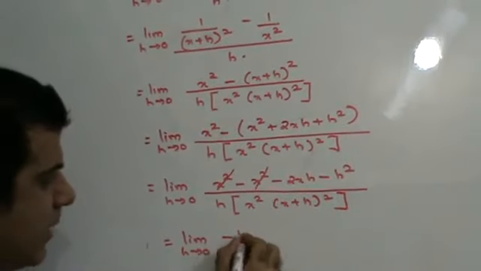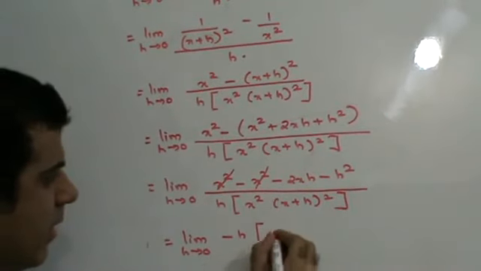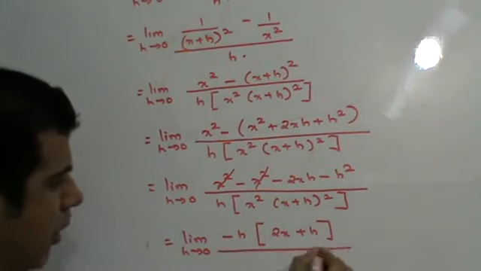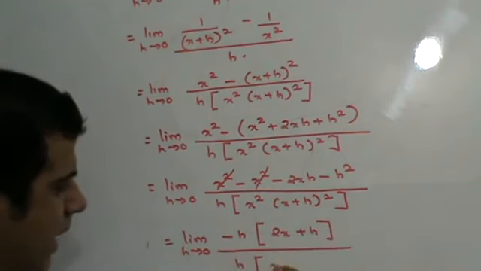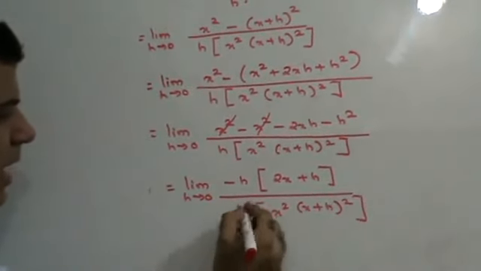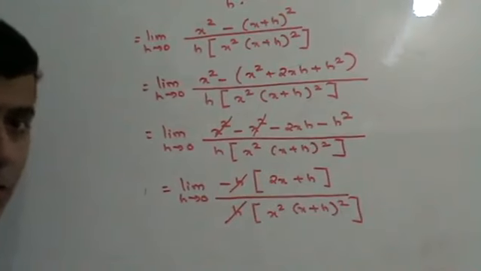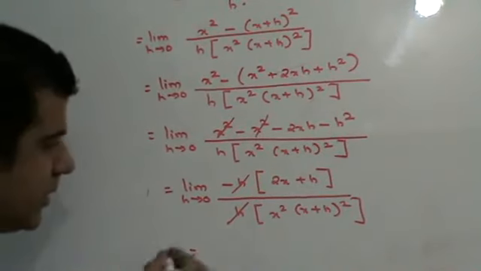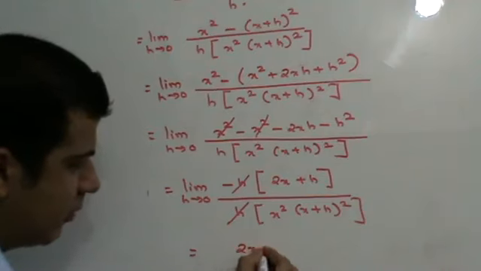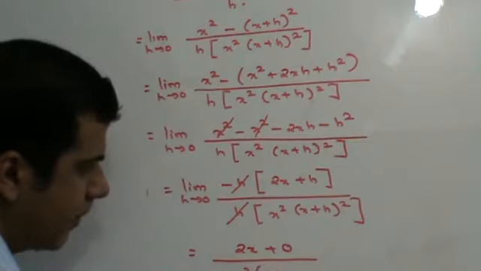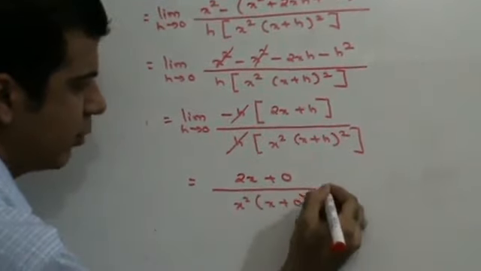I could take h common in the numerator, in which case you will get minus 2x minus h upon x square into x plus h the whole square, and h and h get cancelled in the numerator and denominator. Once you cancel, you can substitute the value. So this will be minus 2x plus 0 upon x square into x plus 0 the whole square.